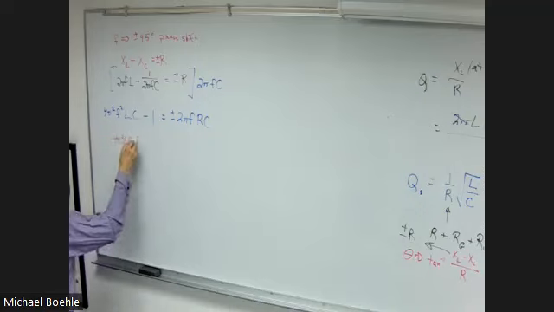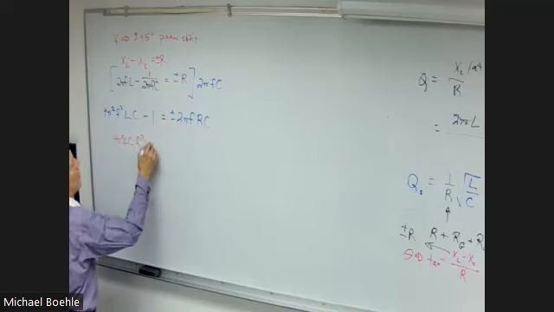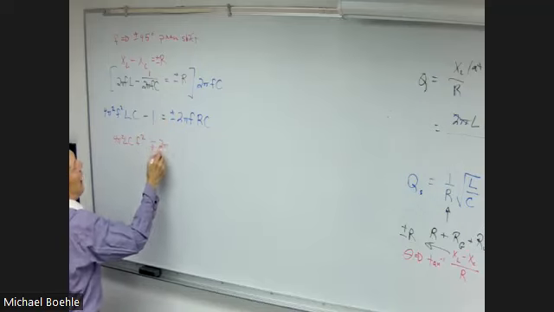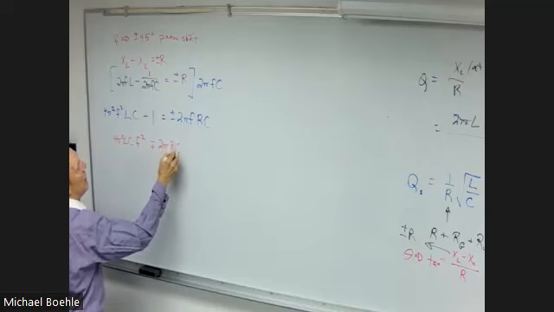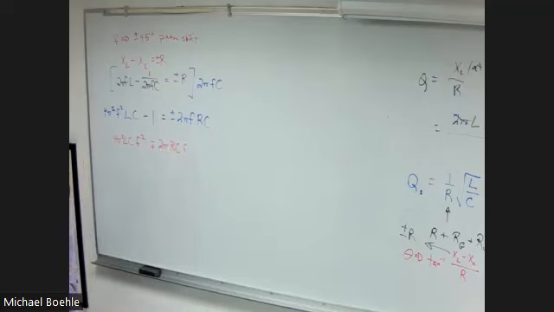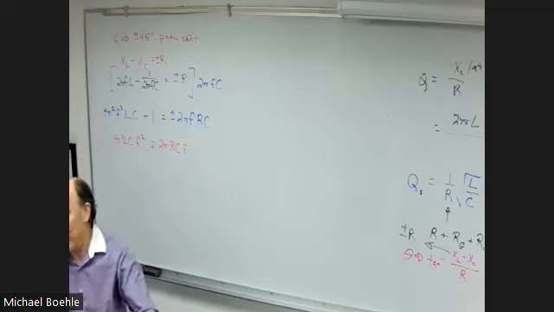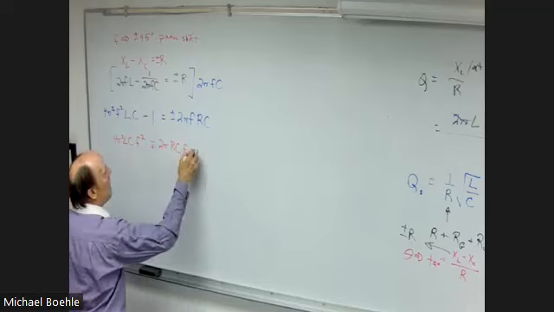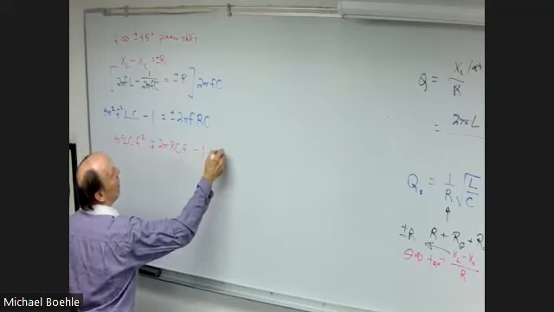Okay? We bring this over, becomes minus plus 2 pi RC F. Now, all I'm doing is rearranging and putting F at the end, and you'll see why in a second. Minus 1 equals 0.